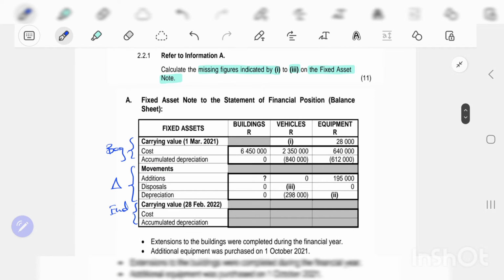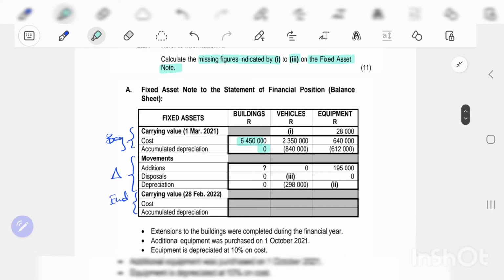So let's see what we are given here again. Under buildings, you are given a cost of 6.45 million, and there's no depreciation on buildings. Remember, buildings appreciate in value.